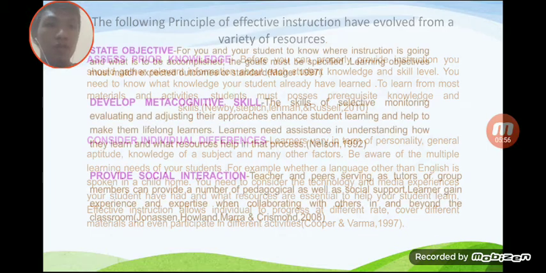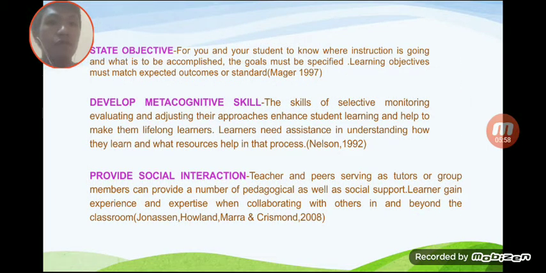So, next. State objectives. For you and your students to know where instruction is going and what is to be accomplished, the goals must be specified. Learning objectives match expected outcomes or standards.